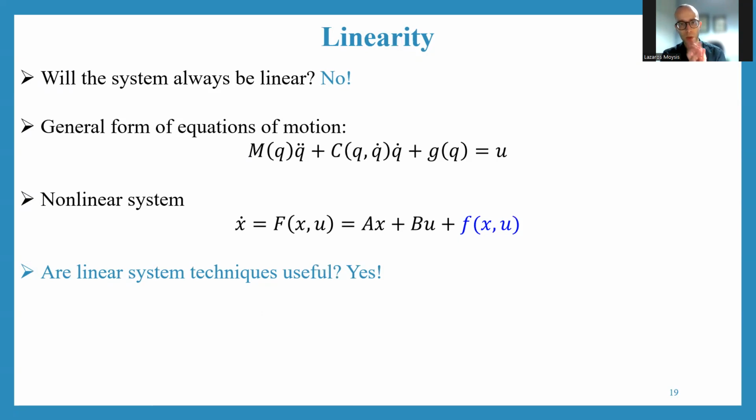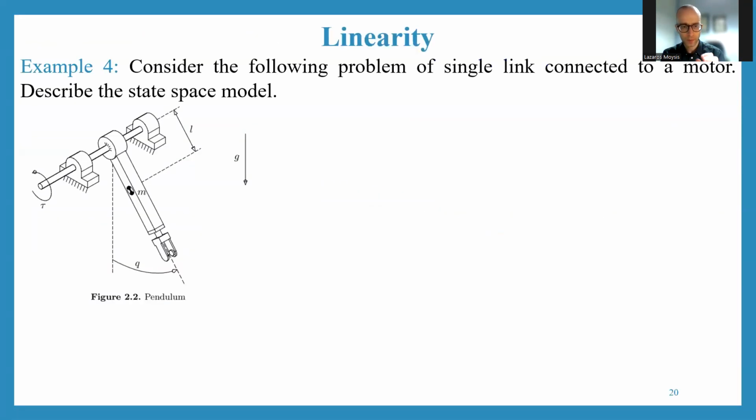This is not the case. State space techniques are still very useful for nonlinear systems. First of all, there is a very nice transition between linear and nonlinear control. We are not going to show that. But also there is a very nice technique to go from a nonlinear system to a linear system in very special situations. I'm going to explain that with an example.